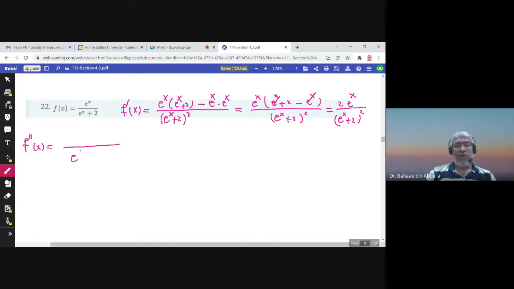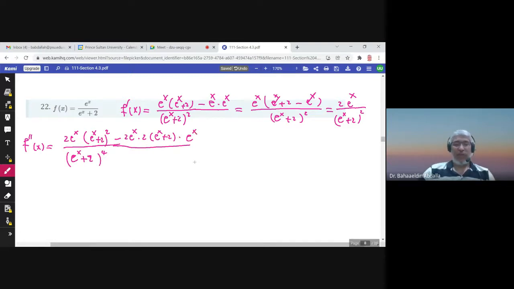Now again, I will use the quotient rule. Derivative of the numerator is 2e^x times the denominator. Now, the numerator times the derivative of the denominator, which is 2 times (e^x plus 2) times the derivative of e^x plus 2, which is e^x.